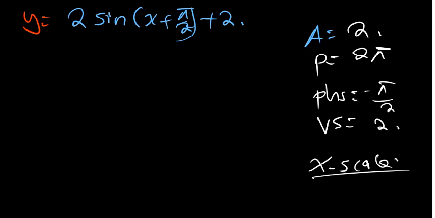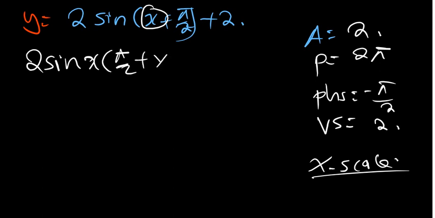Can you explain again for the period? Period is 2 pi over B. B is the number in front of the X. You are always going to have X. The number in front of X is B. Sometimes they can change this and give you 2 sine x, then they tell you it's pi over 2 plus x.